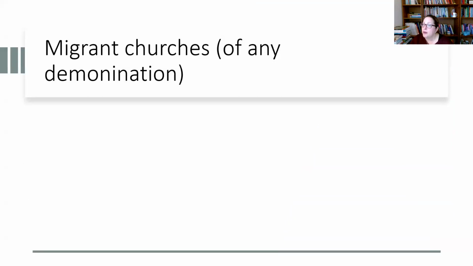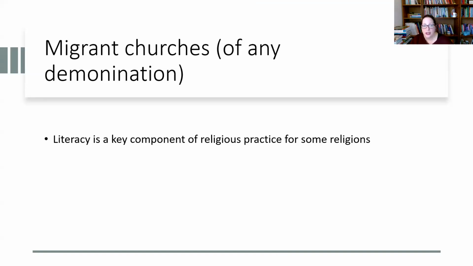There's also the aspect of migrant religion and migrant churches of any denomination. There are some religions that have a particular literacy as a key component of that religion. And so, for example, the most common example is the Arabic language is associated with the practice of Islam. And so you may have students in your school who are not Arabic speakers, but who go to Arabic complementary schools to learn Quranic Arabic and to practice their religion.